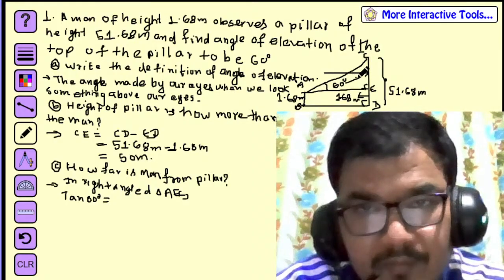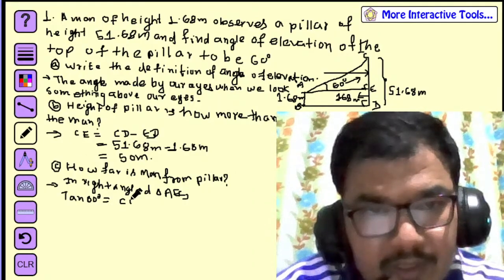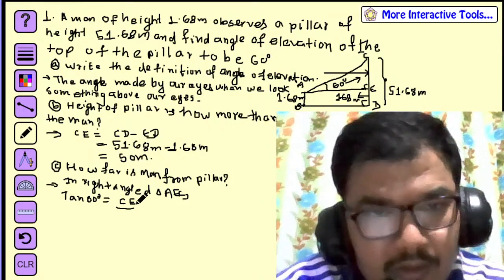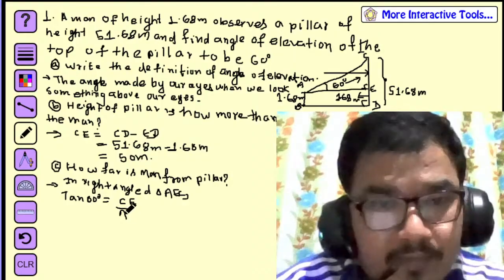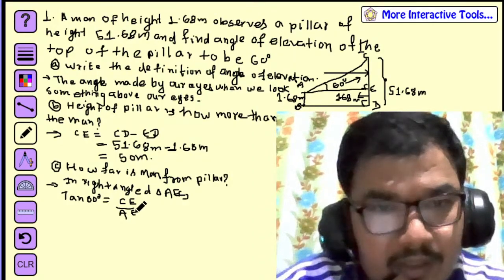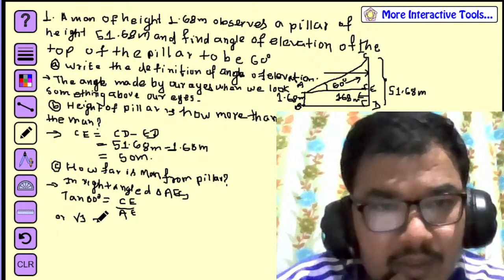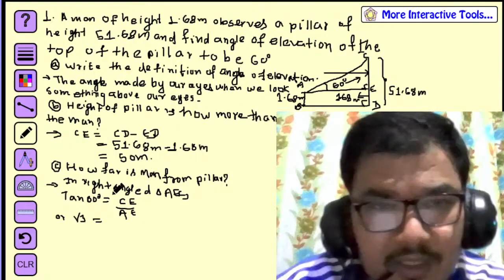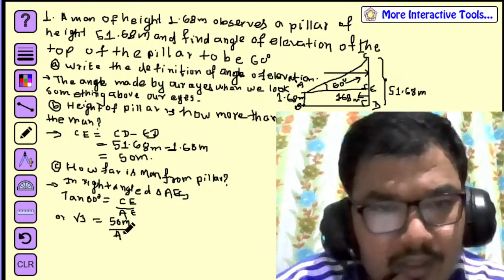Perpendicular is this, that is C, just we found in B number, C. That is perpendicular C by base, which is A. C by A. Then we know tan 60 means square root 3. So square root 3 equals the perpendicular, which we just found here, 50 meter, by A.